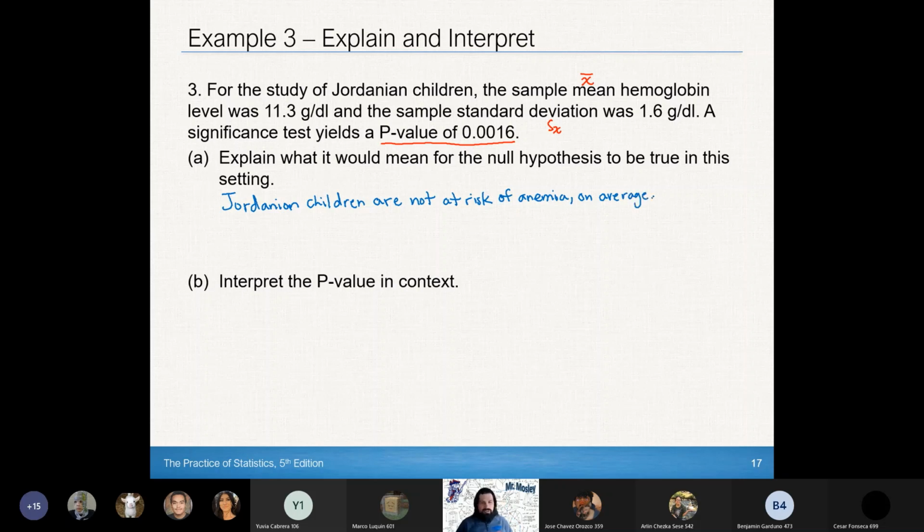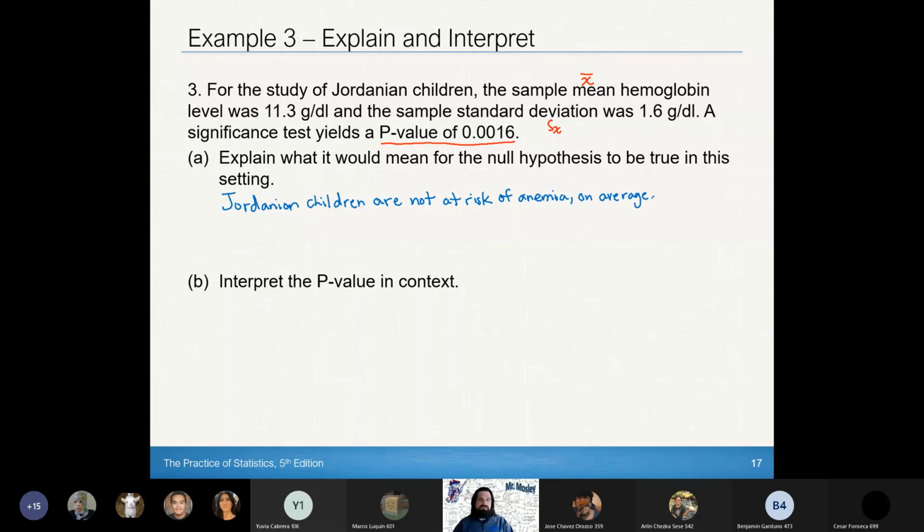And that's because if the null hypothesis is true, then their hemoglobin level is not less than 12, because it's equal to 12. So we're good, right? They're not at risk.